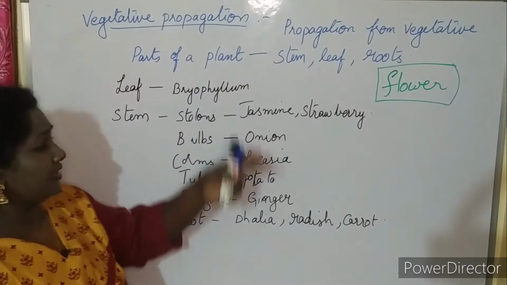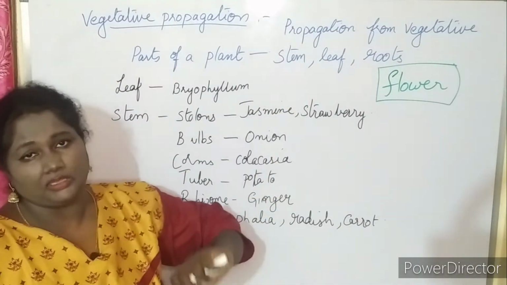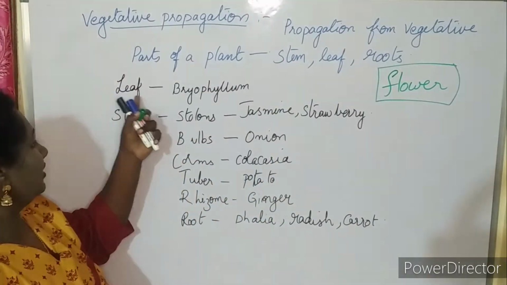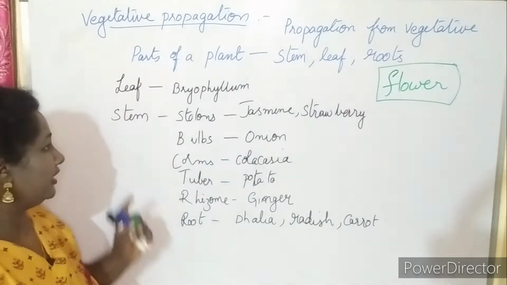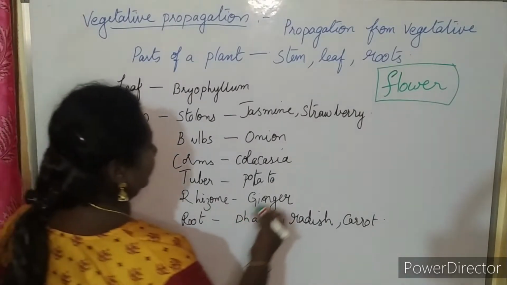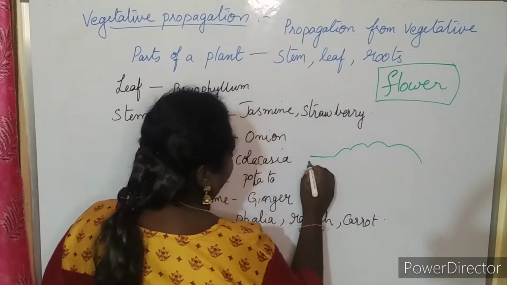Coming to vegetative propagation, we will first see the example with leaf. The example is bryophyllum. The bryophyllum leaf is like this.